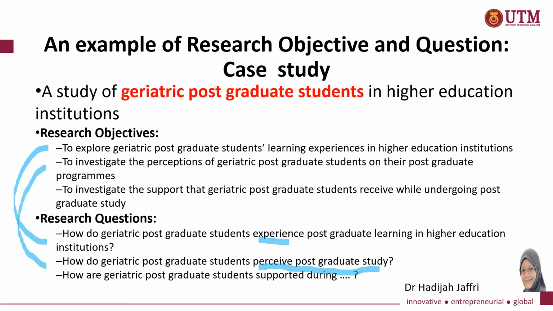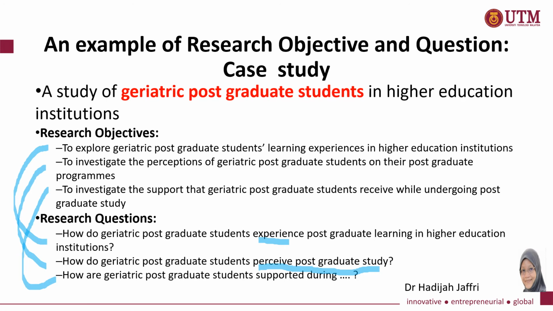And the third one relates to the support that is given to them while undergoing postgraduate study. But in this case, we're looking at their perception of the supports that they receive.